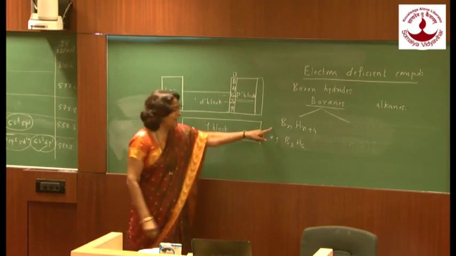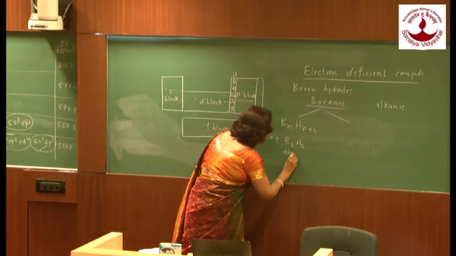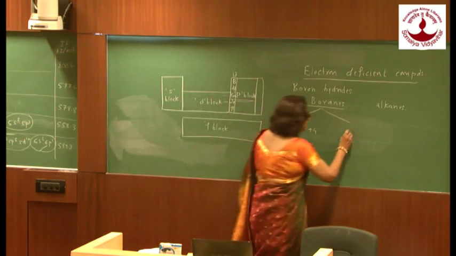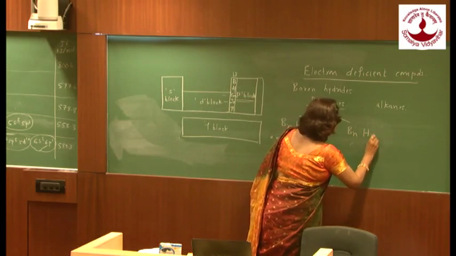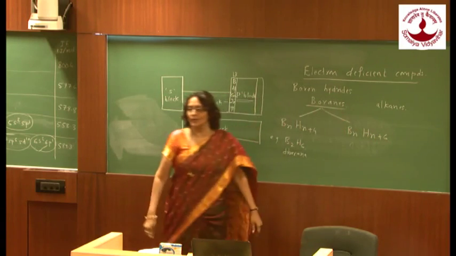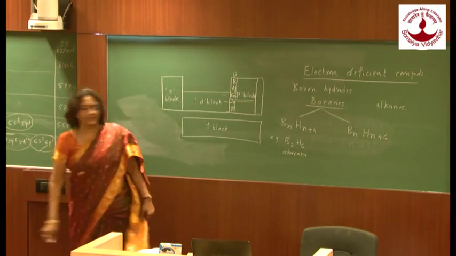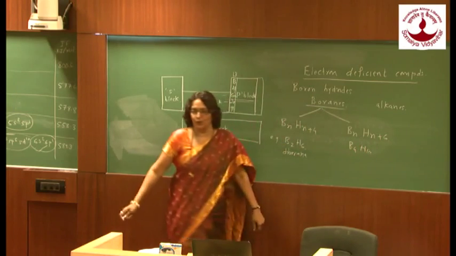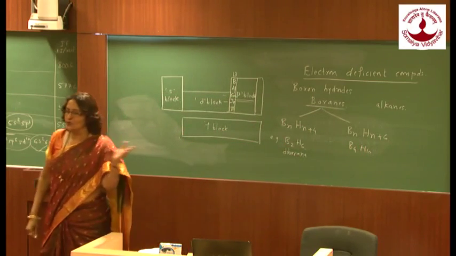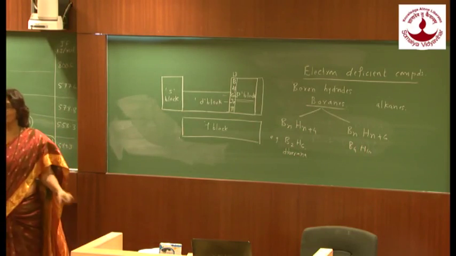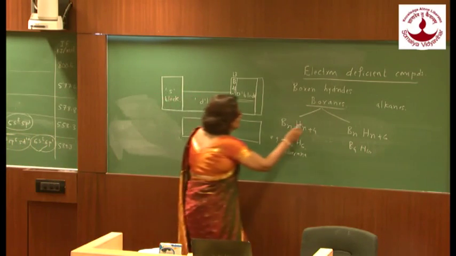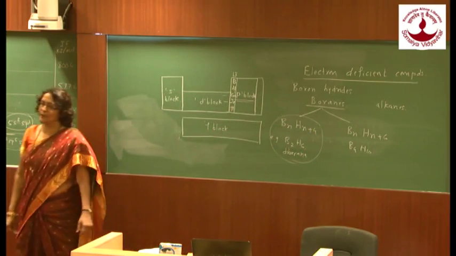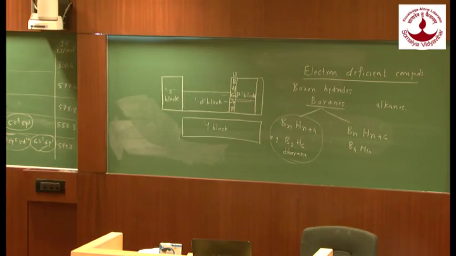The example is diborane, that is B2H6, and the other class has the general formula BnHn+6, that is B4H10. They are called hydroboranes. Out of these two types of boranes, the class 1 type are more stable and are well studied as compared to class 2 type of boranes.